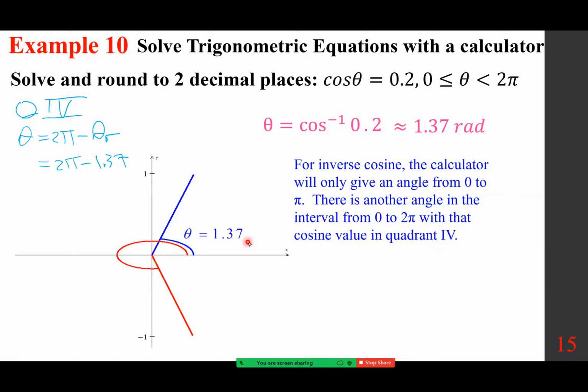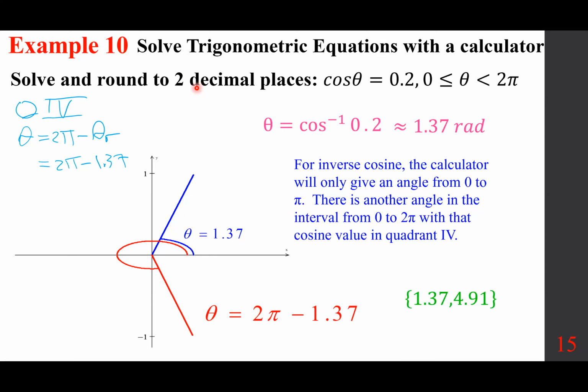This is the reference arc. 2 pi minus 1.37 puts us in the fourth quadrant. And if you use a calculator, since they said 2 decimals, we get 4.91. Remember, pi is 3.14159, and it continues indefinitely. So you put it in a calculator, subtract this one, and you just stick with 2 decimals. In case it is not a common arc, we have two answers as follows.